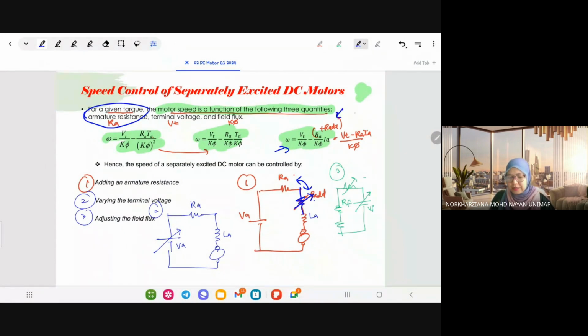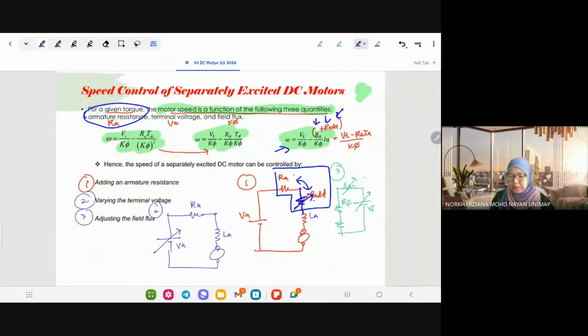Since it is in series, the total resistance for this armature circuit is just the summation of Ra and Rx. So the total summation will be the new Ra for that particular additional resistance.